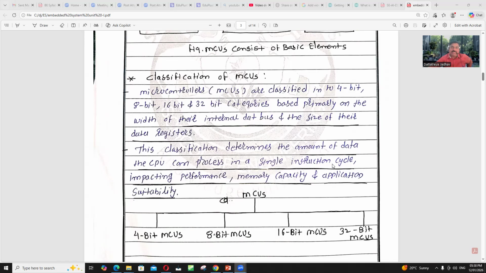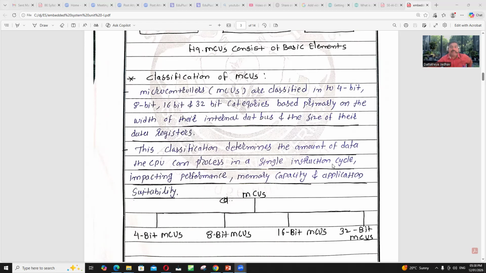So the first parameter is the width of the internal data bus, that is, the capacity of the bus passing data between the CPU, controller, input output devices, and memory. Second, the size of the data register, which indirectly means the size of memory.